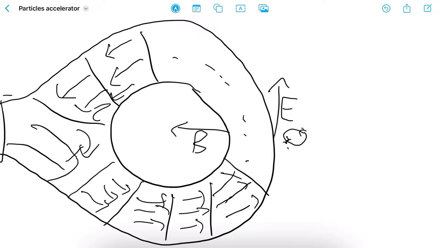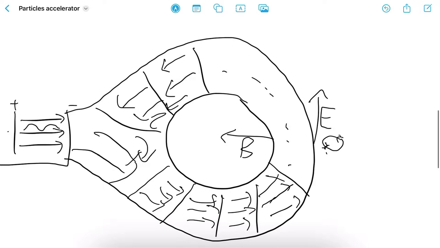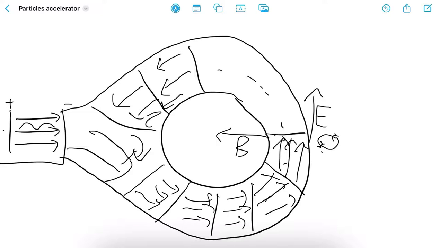So that's why if we put a loop of current beside the electric field, the stream of protons will experience both the tangential force from the electric field and the magnetic force from the loop of currents, which generates a magnetic field towards the center of the circle.